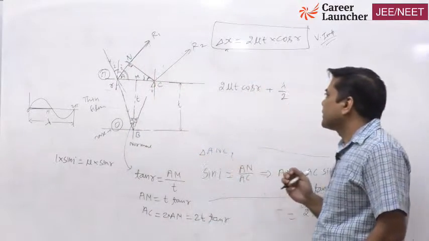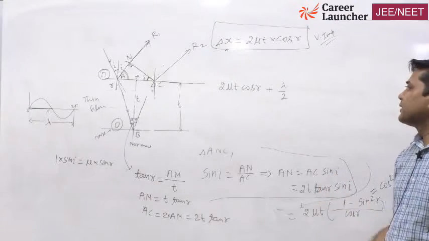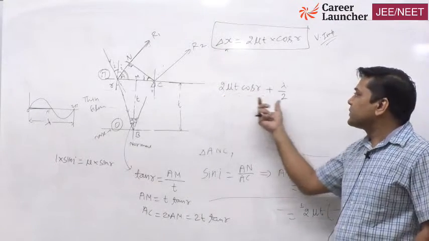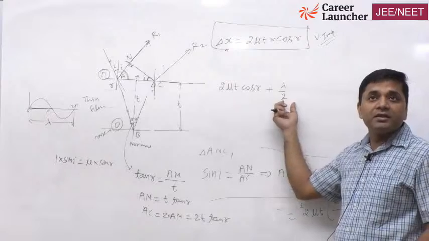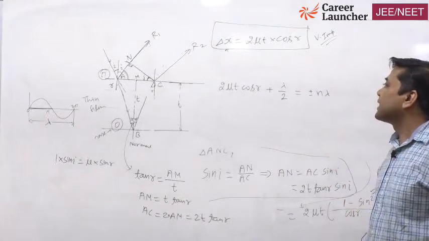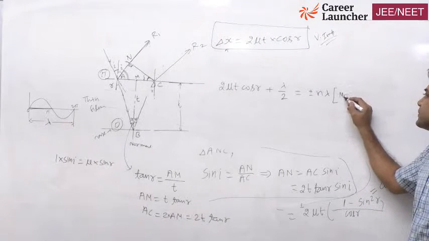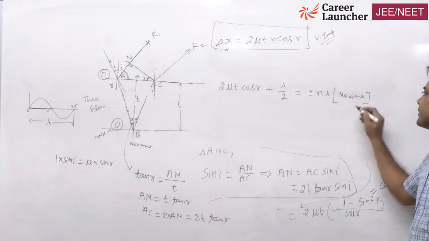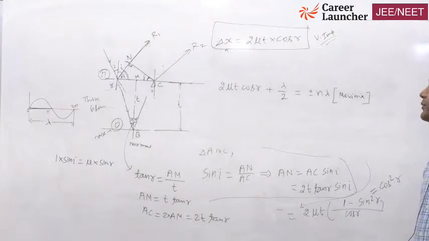So now we'll try to find out what is the condition of maxima. Already 2 mu t cos r is there plus lambda by 2 because of phase inversion. If it is equal to plus minus n lambda, that is the condition for maxima, so bright fringes will be formed.